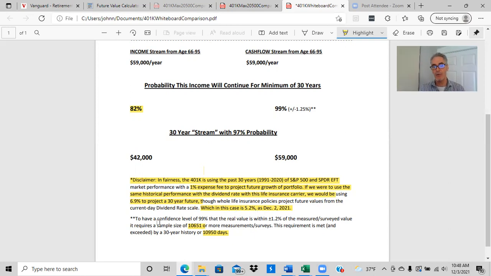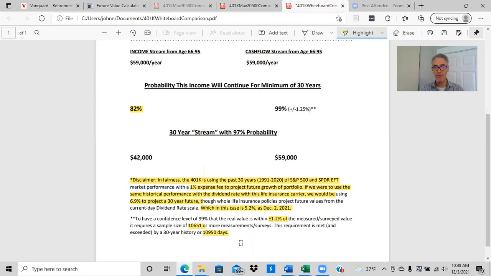Now, I want to talk about this confidence level of the 99% chance. Well, to have a 99% chance of being accurate, within a plus or minus 1.25. It should actually say 1.25 down here because it is 1.25, and I did put it correctly up here. Now you have to have a sample size of at least 10,651.